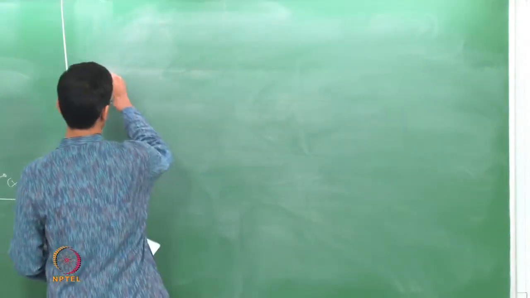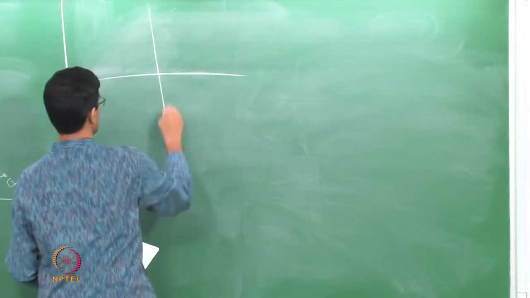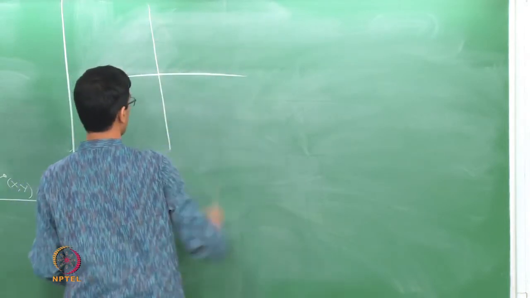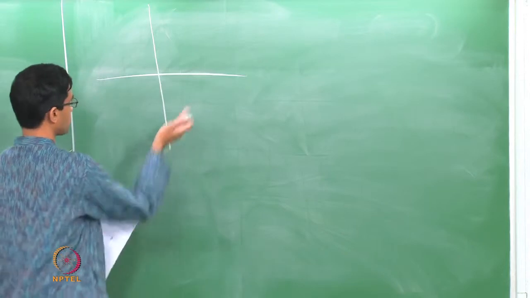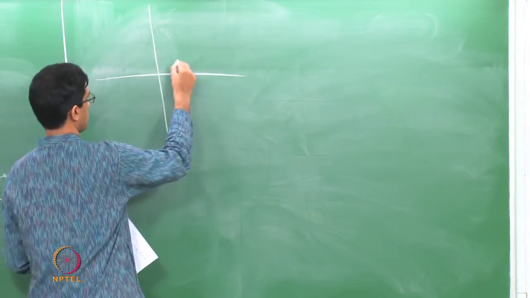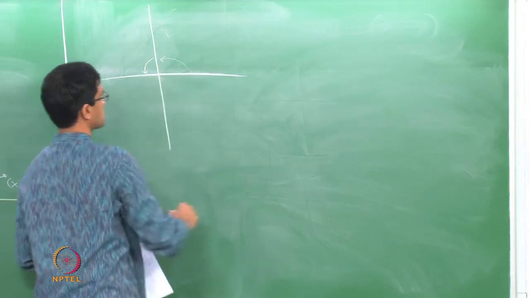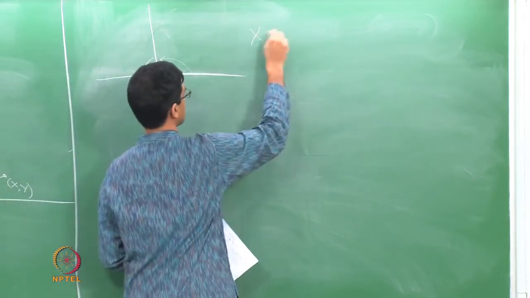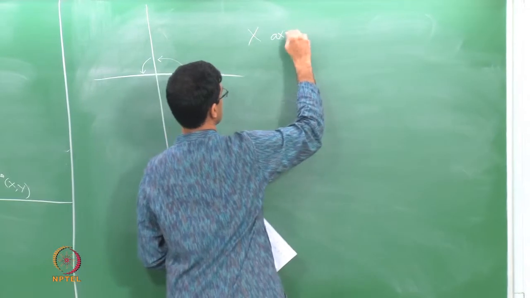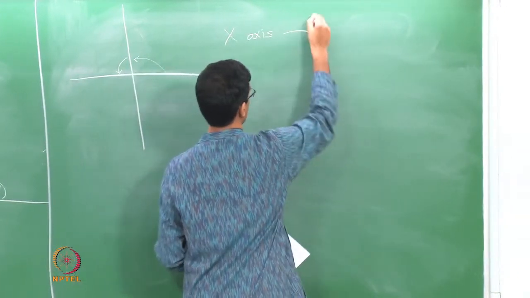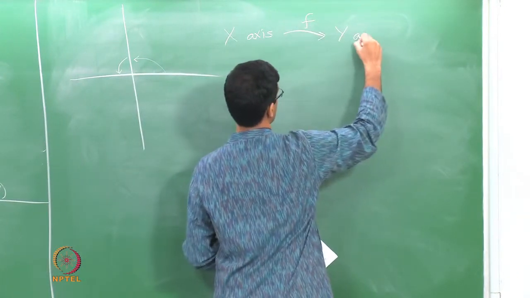So of course it is easy to see what it does to other things. For instance, say the x axis, the line which is the x axis will of course map to the y axis because it is a 90-degree rotation. The y axis similarly will map back to the x axis, or in general, so let us just say this. So the x axis under this map f will map to the y axis.